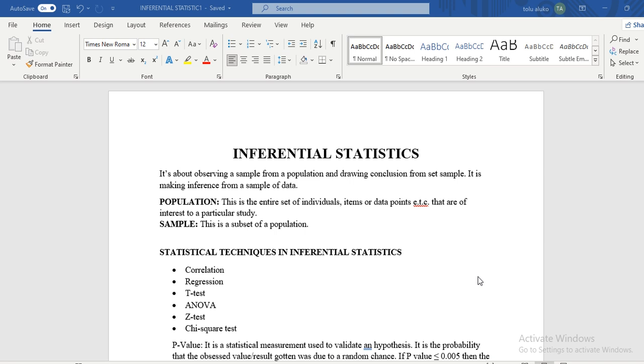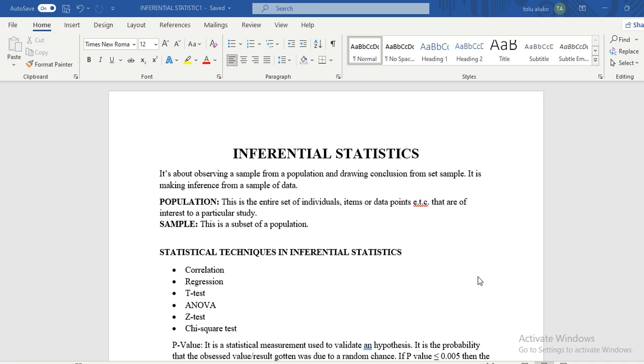And the sample they are talking about is a subset of the population. That is, out of the population in a state, we might have male and female. A sample can be for the male, another sample for the female. It is a subset of the population, but the entirety of the state, the cumulations and the aggregations, are the population.